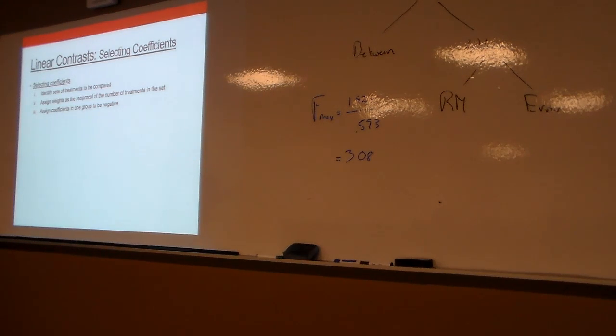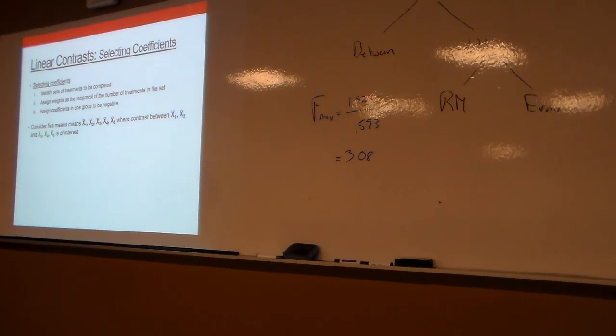That way, the value of my contrast ends up having the same sign as what I expect. If I switch it around, then the group with the larger mean is going to be negative, so just think about it as you're writing this out to make sure everything lines up together.